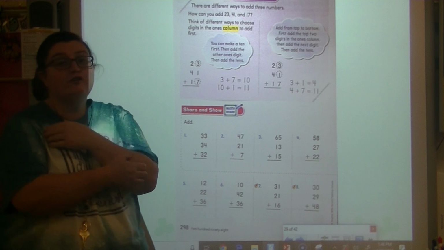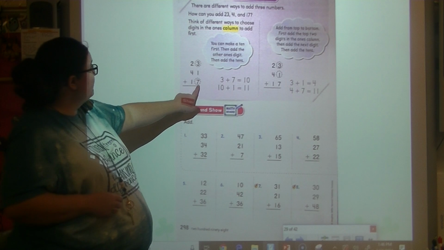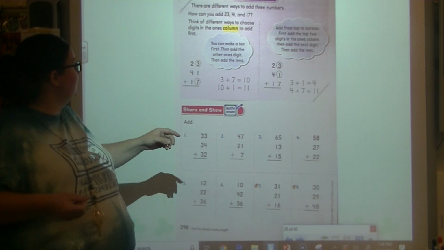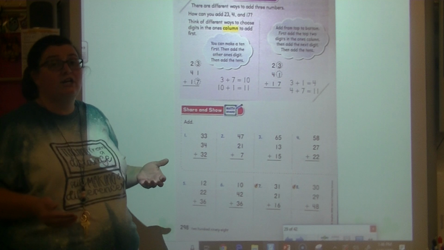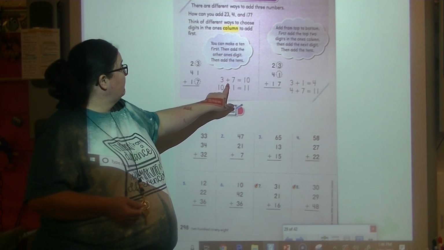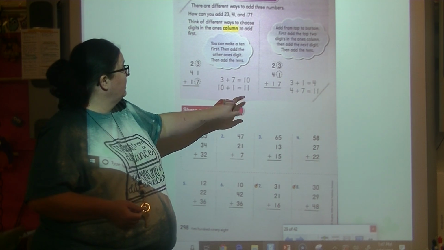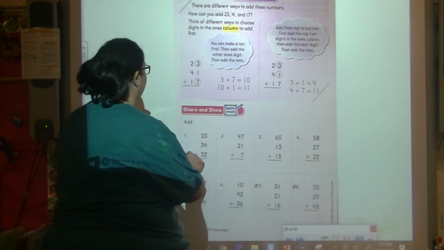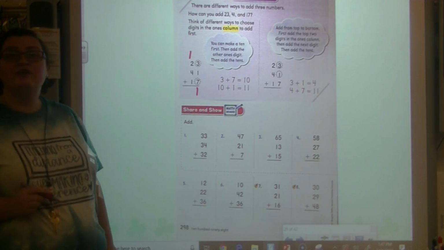You can choose which 2 digits you add together first. So here they circled 3 plus 7, because 3 plus 7 gives you what? 10. So it's quicker to do it that way in your head. So they said 3 plus 7 equals 10. And then they added 10 plus 1. And that gives you 11. And then you can keep adding.